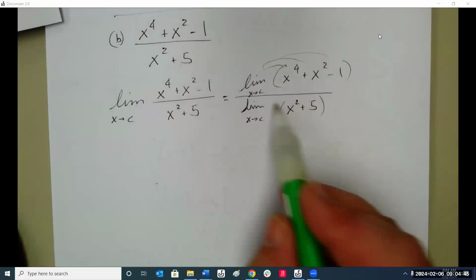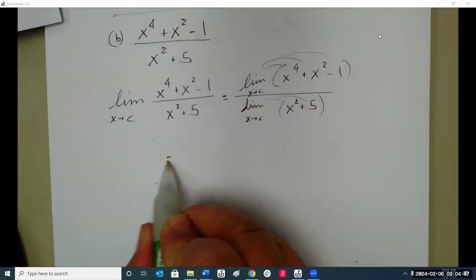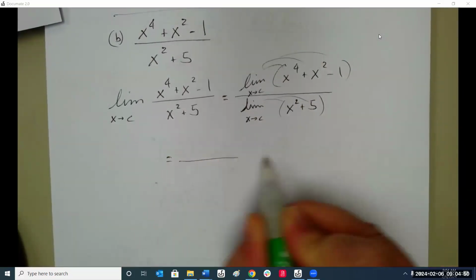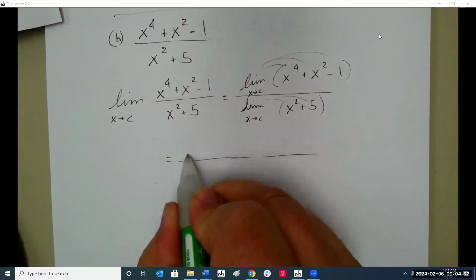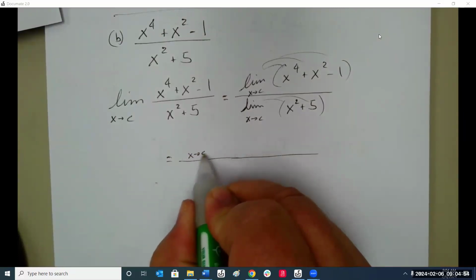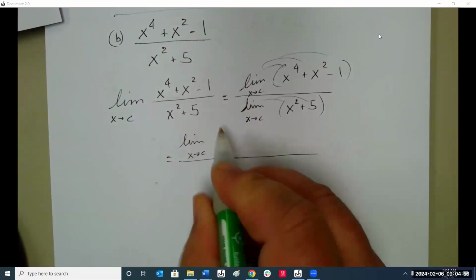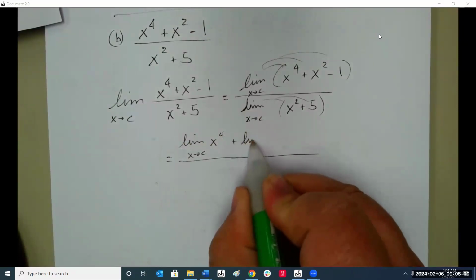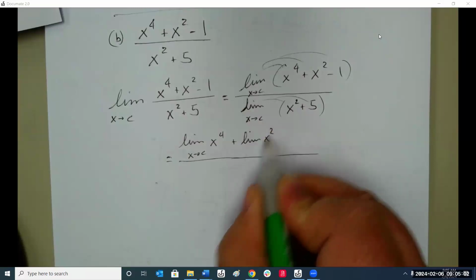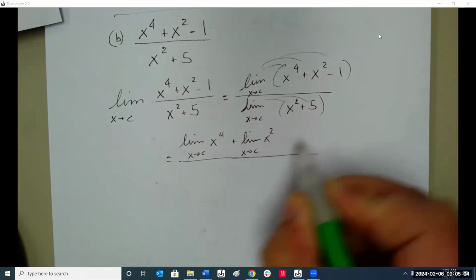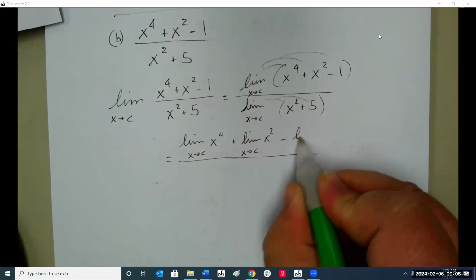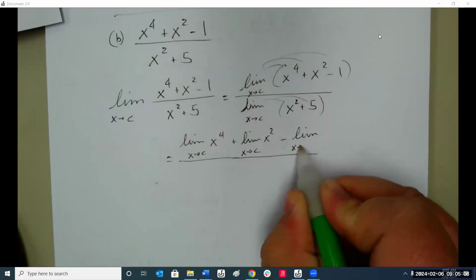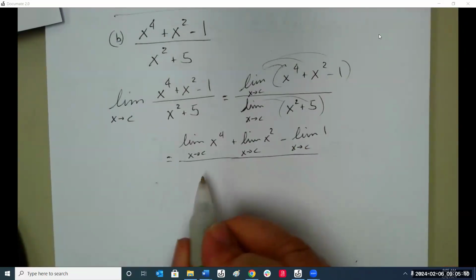Distribute that one over. So on top, we get the limit of x to the fourth plus the limit of x squared as x approaches c minus the limit as x approaches c of 1.